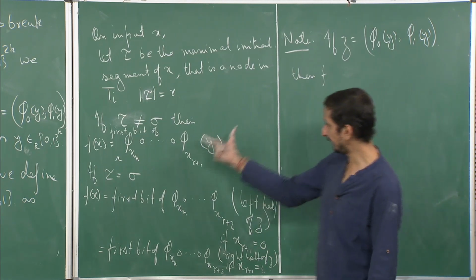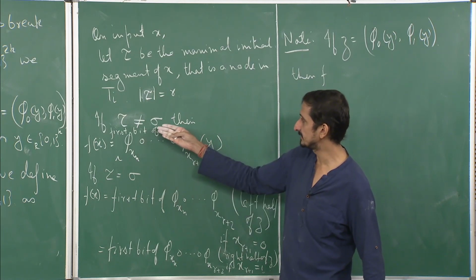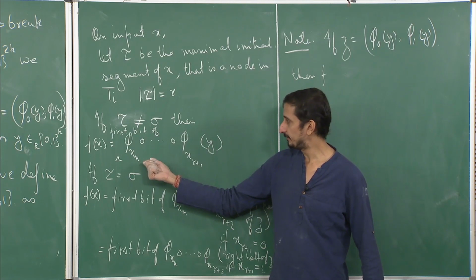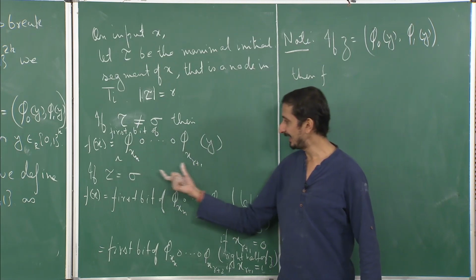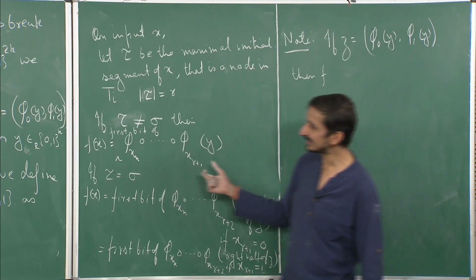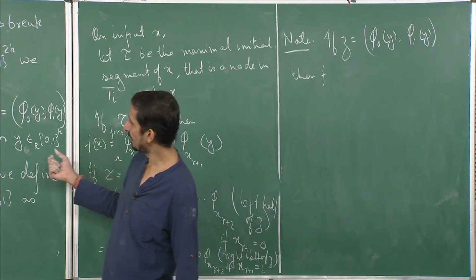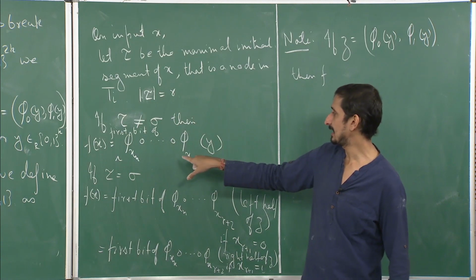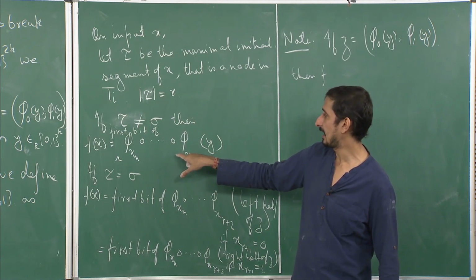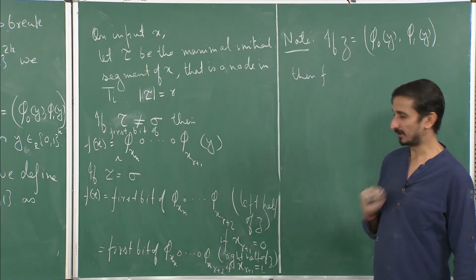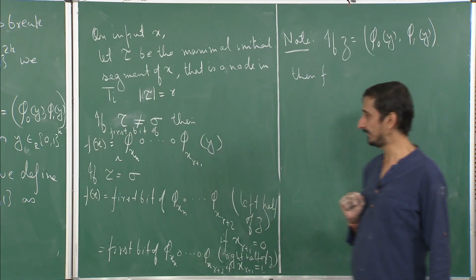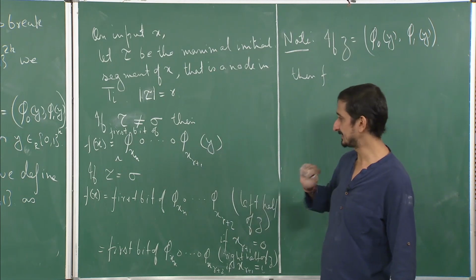There are two cases for f, tau not equal to sigma and tau equal to sigma. Look at the first part. If tau is not equal to sigma, then f is basically the same as psi i of y. So it is basically the same as that.